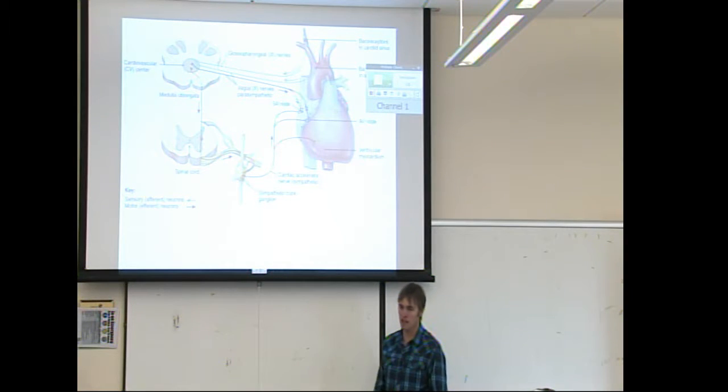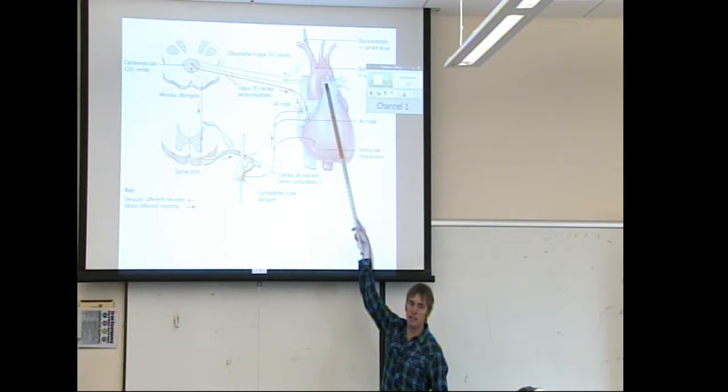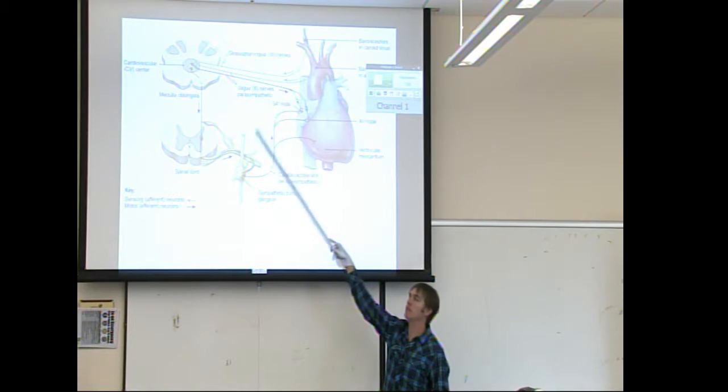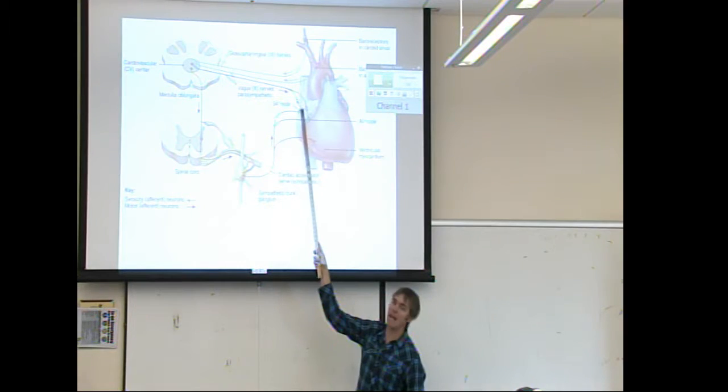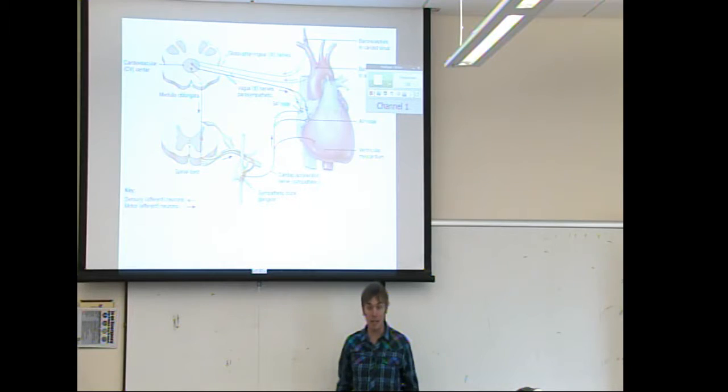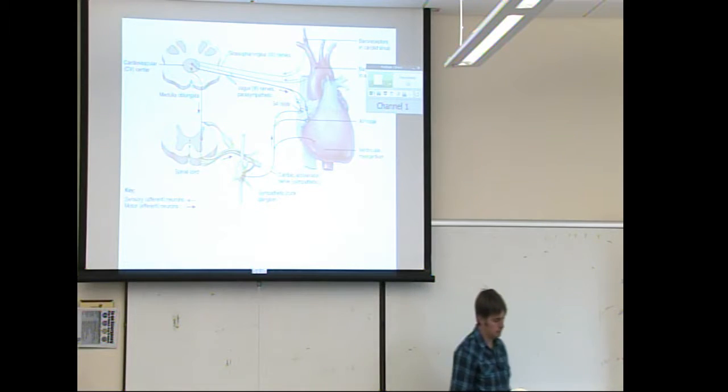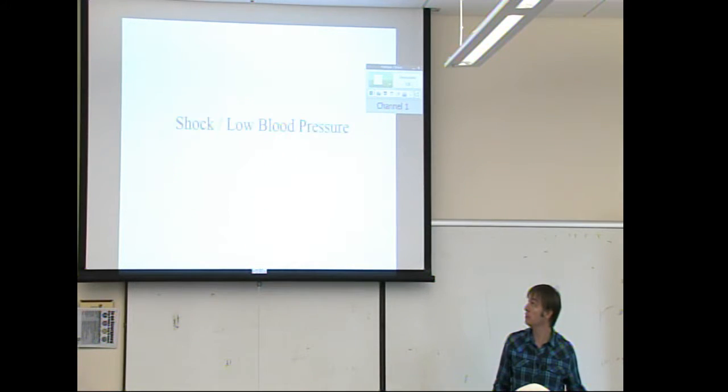Because if you beat slower, you're going to decrease the blood pressure, decrease the output. What if it detects low blood pressure? It's going to go over here, and the medulla is going to say, hey, beat faster. We're not getting enough blood. Do something. Great.